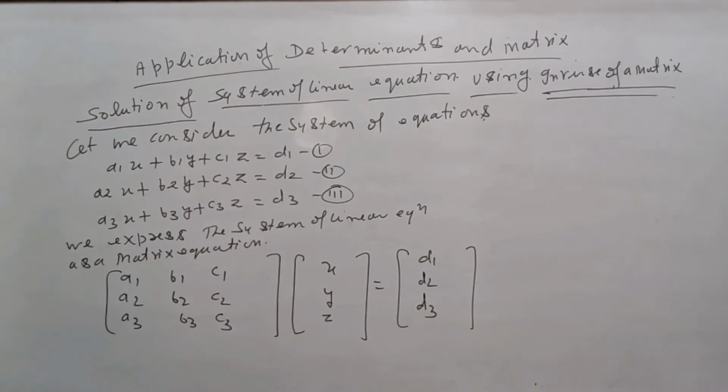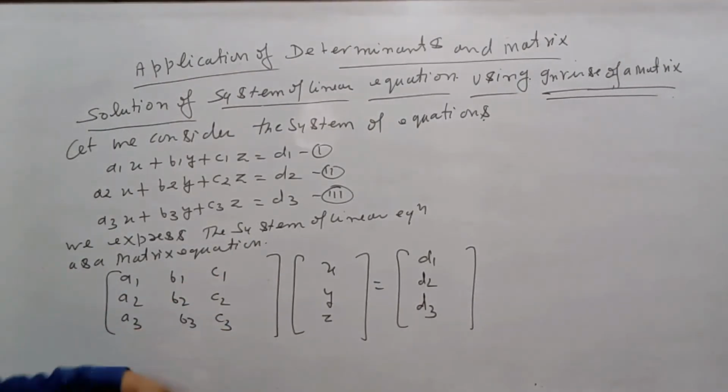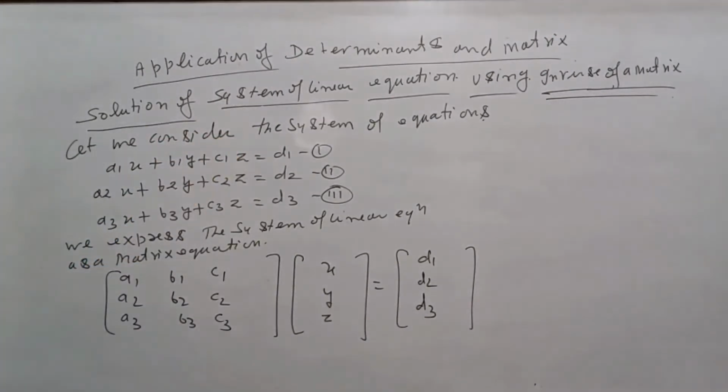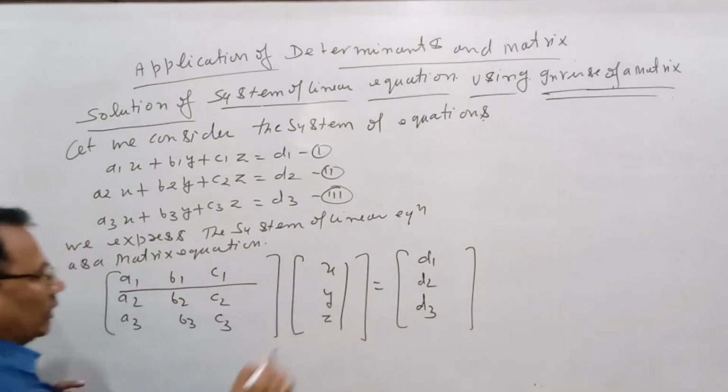Now again, if we find the product of these matrices, then we get the equation as that is the first row, and this is the column.